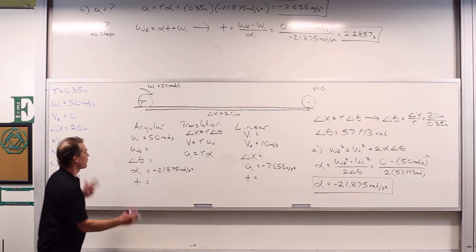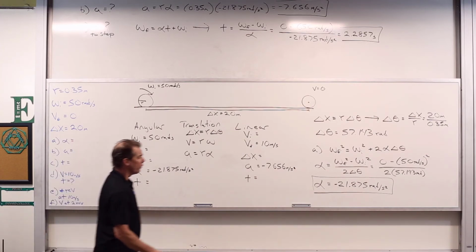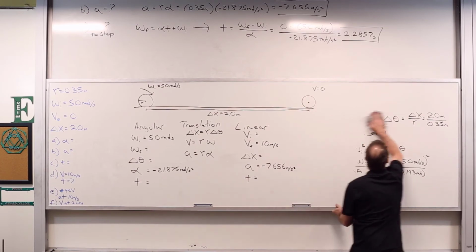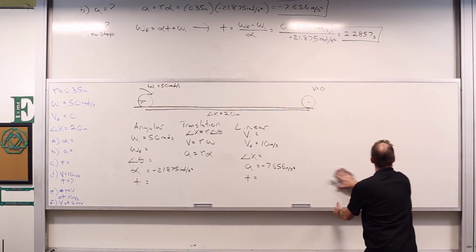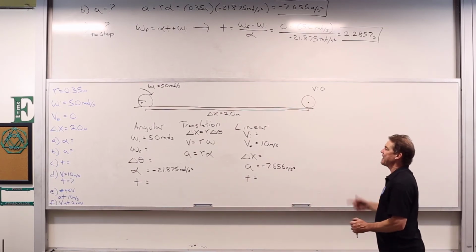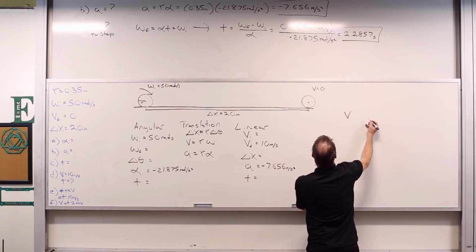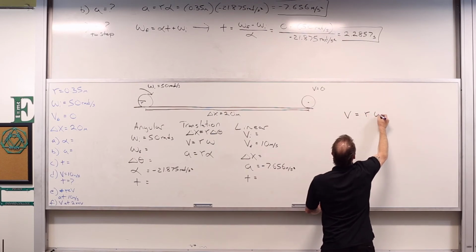Those are two different types of quantities, right? So let us find what is 50 radians per second in terms of meters per second. How fast is it initially going linearly? So again, we've got that v is equal to r omega.